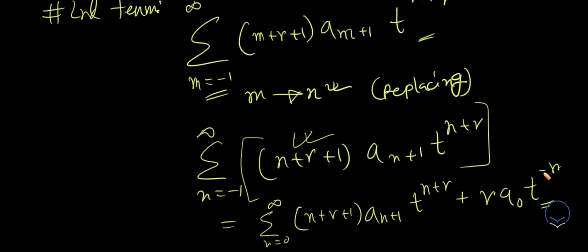Sorry, my mistake. For n equals minus 1 that will be minus 1 plus r, or r minus 1. So let's write it as r minus 1.